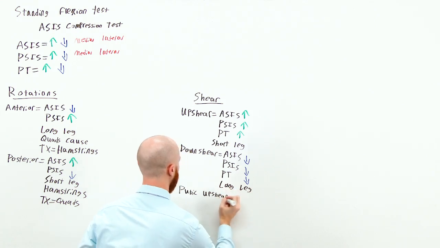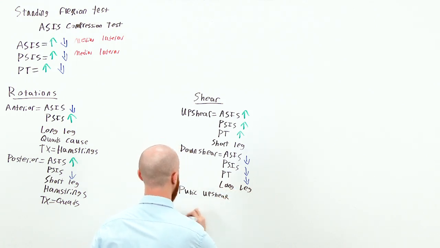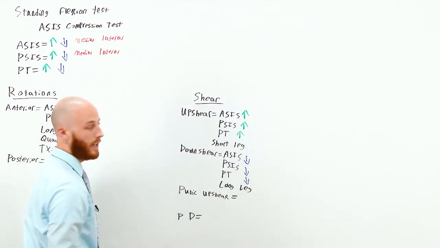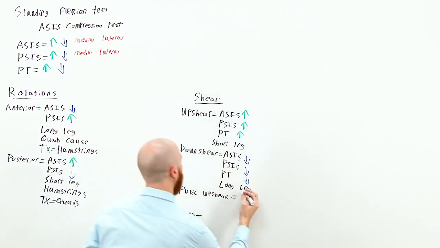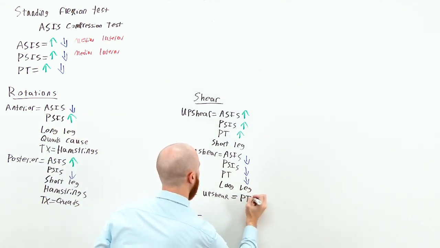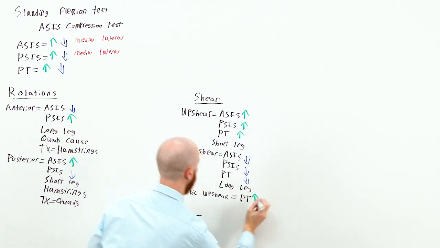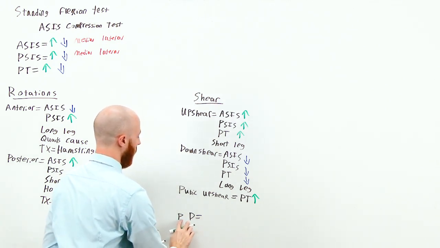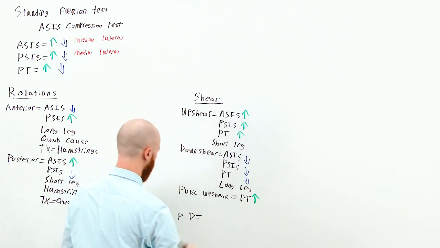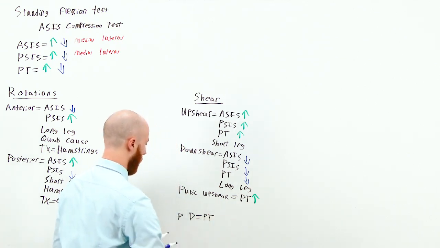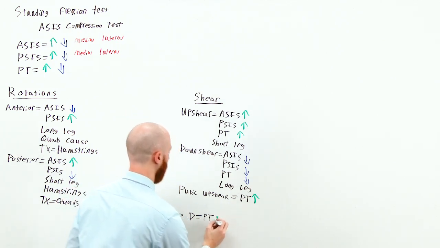These findings are very easy to point out. Your pubic tubercle on a pubic up shear will be superior. On a pubic down shear, your pubic tubercle will be inferior.